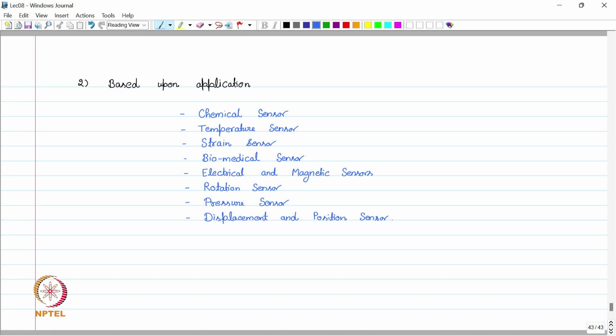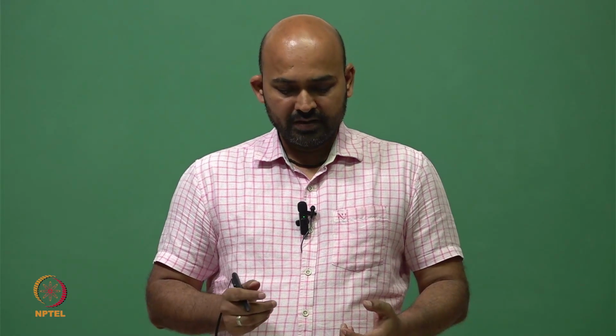So this is the classification based on the application, what application we want to serve using this sensor.